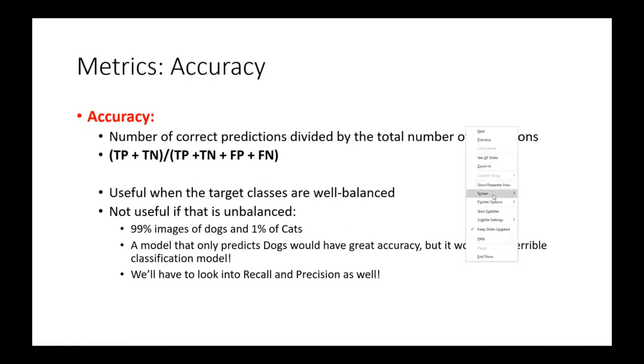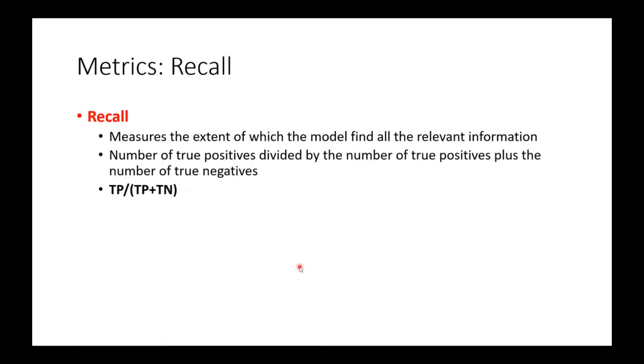So in more general ways, for more general problems, the metrics that we're going to use are precision and recall. So what is recall? Recall measures the extent to which the model finds all the relevant information.